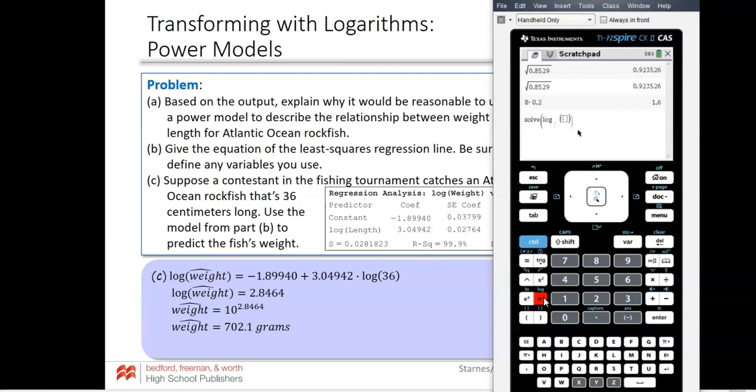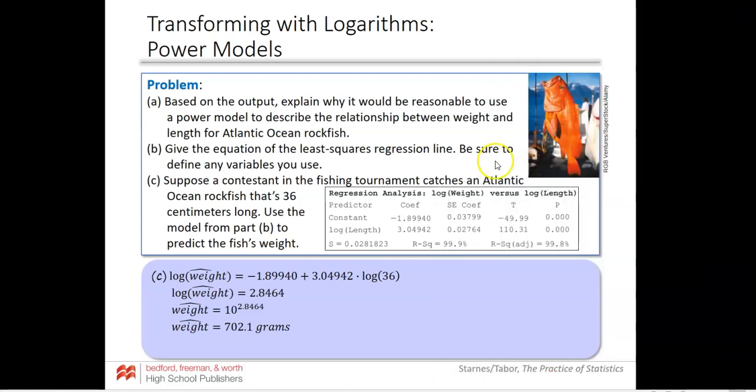Log base 10, I'm just going to leave that blank, of X, I guess we're going to say, equals 2.8464, comma the variable we're solving for, and it put 10 in there because it knew there was a 10 there, and the answer is 702.1. So it will do it that way as well. So I'm fine with that. If you can set it up and just use your calculator to solve it, that's not really a problem in stats class.